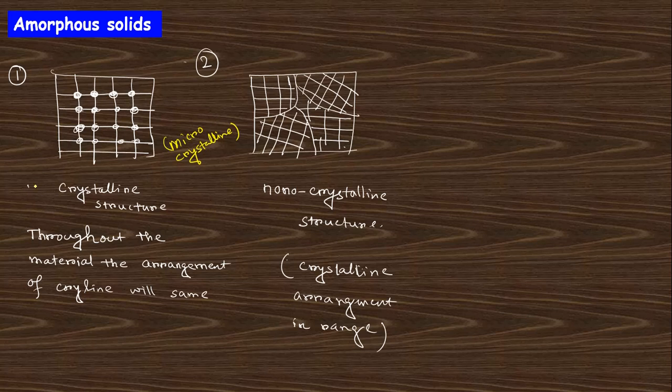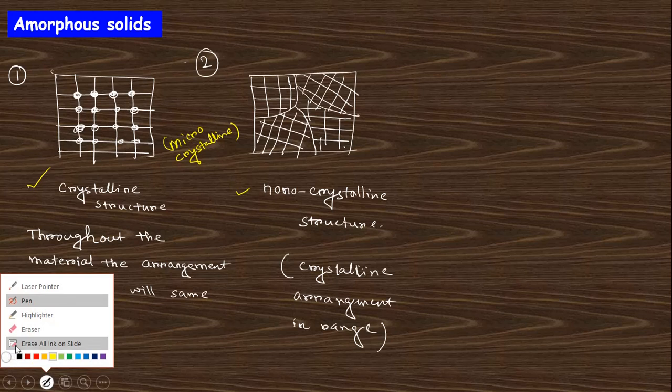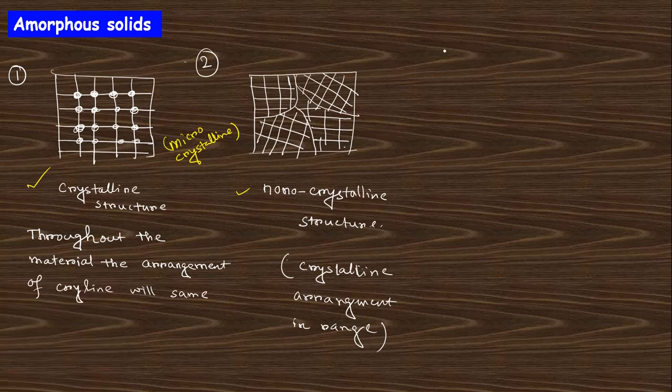Actually there is crystalline, then nanocrystalline, and then another arrangement where there is no crystalline structure anywhere. This is called amorphous.